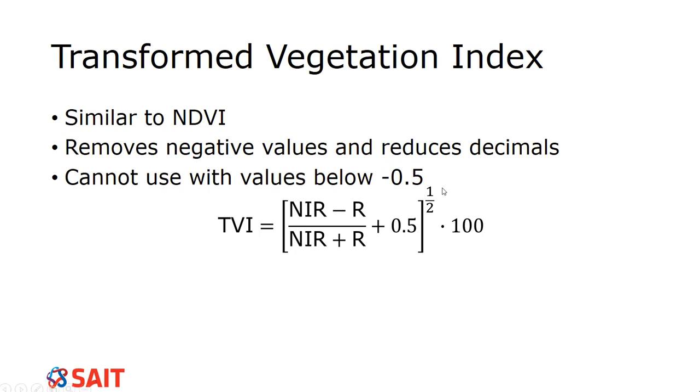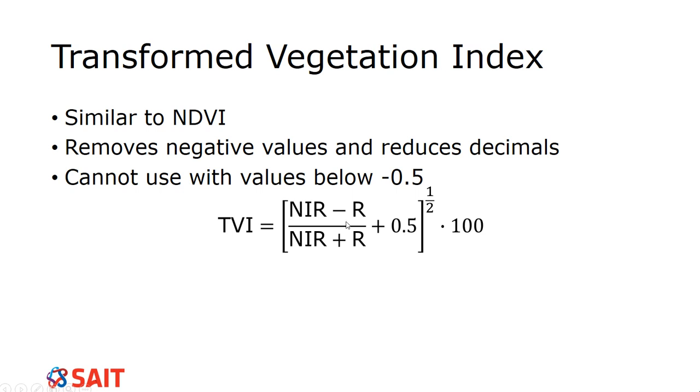Now the reason you can't use any pixel values below negative 0.5 when you do the NDVI is because of this. I have my NDVI right here in the middle. We're going to take this and add 0.5 to it. At this point, we expect that's going to elevate it past the 0 mark. And then we take a square root. So it's because of this square root.